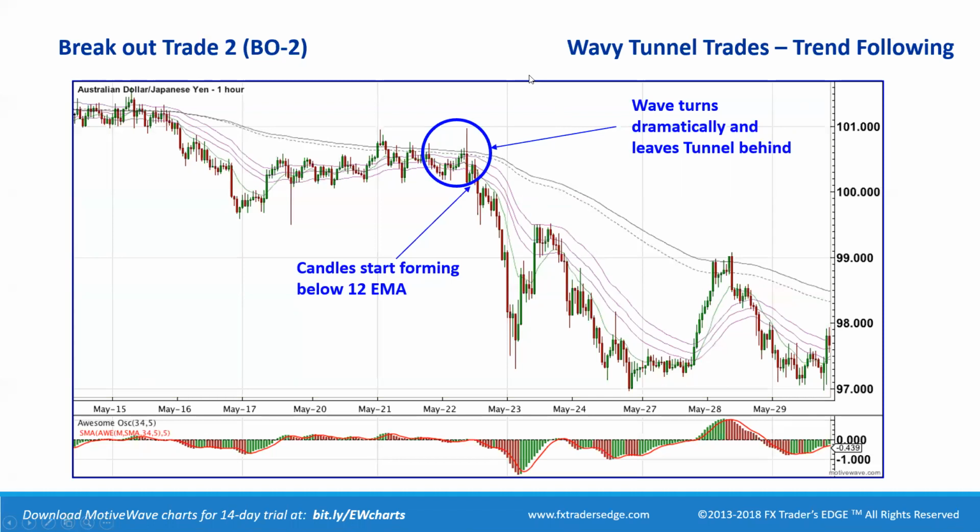So the breakout one, even though it wasn't designed as a wave 1, very often it's a wave 1. The breakout 2, very often it's a wave 2. And then the breakout 3 trades very often are taken off of the wave 3. And the breakout 4 trade very often is the wave 4.